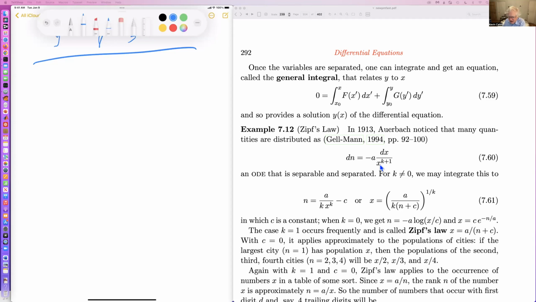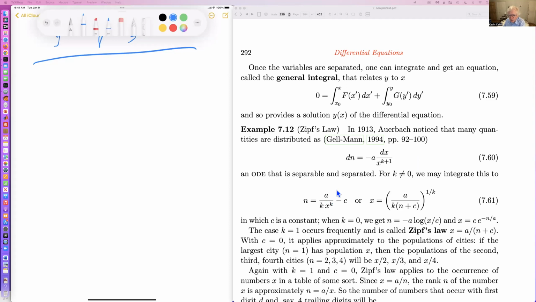So how many are there of this kind when x has a certain value? Well, the density of items is dn equals minus a constant a times dx over x to the k plus 1. This is separable. It's also separated.